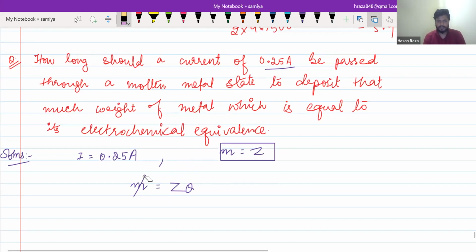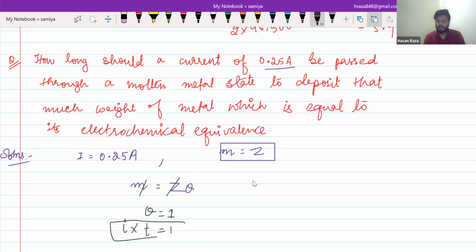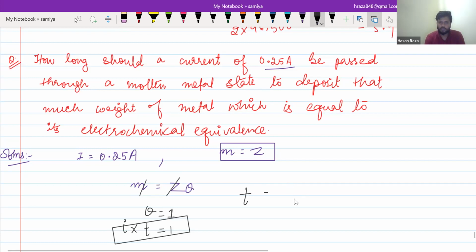So it will cancel, and Q will be equal to 1, and you know that Q is equal to I into T. I into T is equal to 1, so T is equal to 1 upon I. It has a value 0.25.